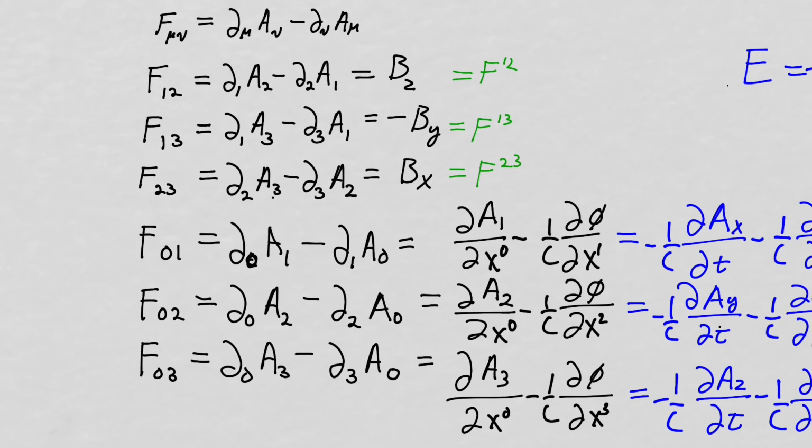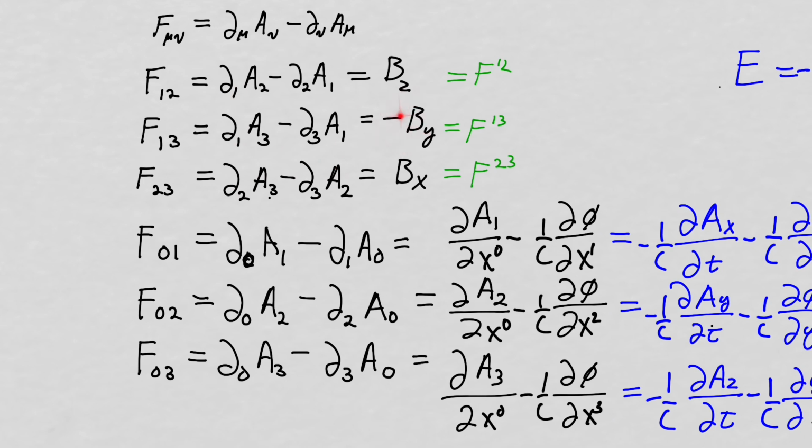So you can calculate this for all three of these, and you do end up with this minus By. And remember, it's antisymmetric, so F13 is equal to minus F31, which is equal to minus F21 up here, and this one will be equal to minus F32. So you have a lot of these little weird index things going on, but the point is that the spatial part of the tensor, meaning the part that has no index that's 0, is all related to the magnetic field.